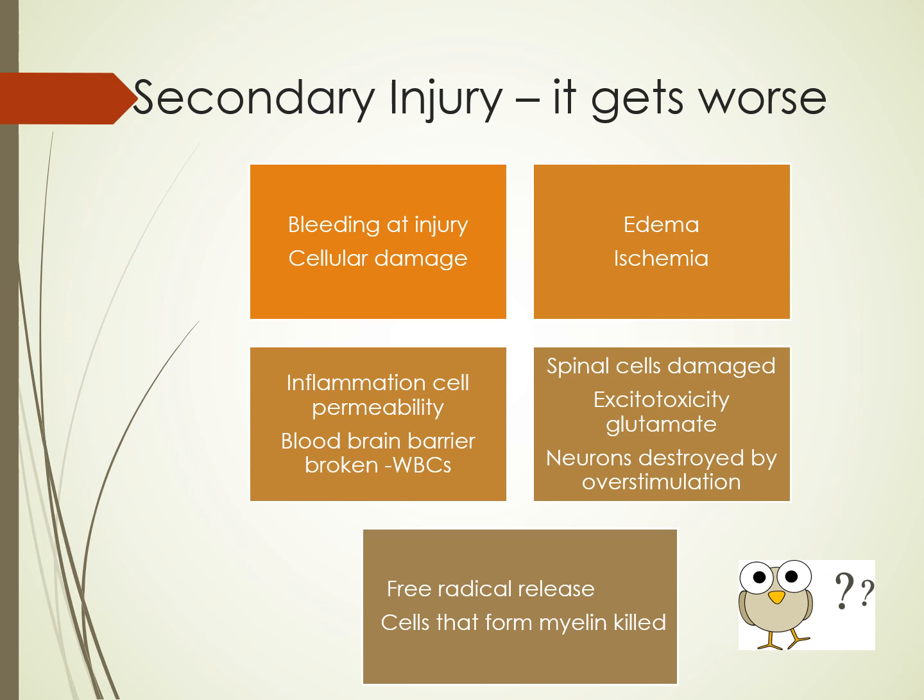So within that first 24 hours, that edema can climb up and affect the C3 level. So, especially when the respiratory system is involved with the high cervical injuries, we have to be careful with patients within that first 24 hours in this secondary injury.